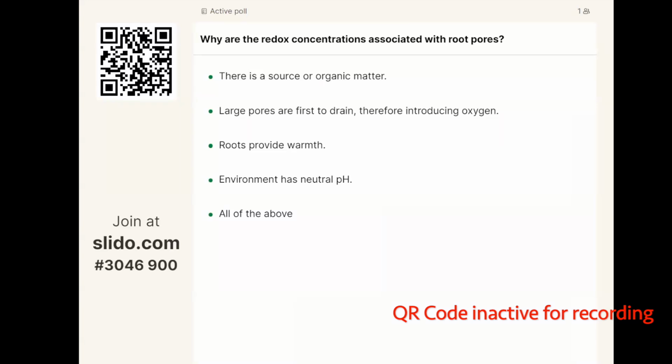We have a couple of choices: there's a source of organic matter; large pores are first to drain, therefore introducing oxygen; roots provide warmth; environment has a neutral pH; or all the above. I'll give you a little bit of time before I flip to the next one so you can't see what everybody else is answering. So I should have had time for a few answers to come in.